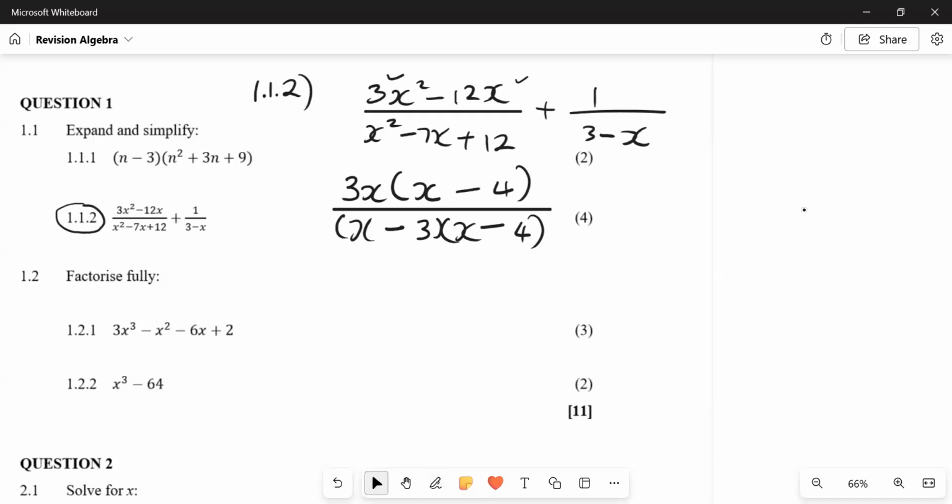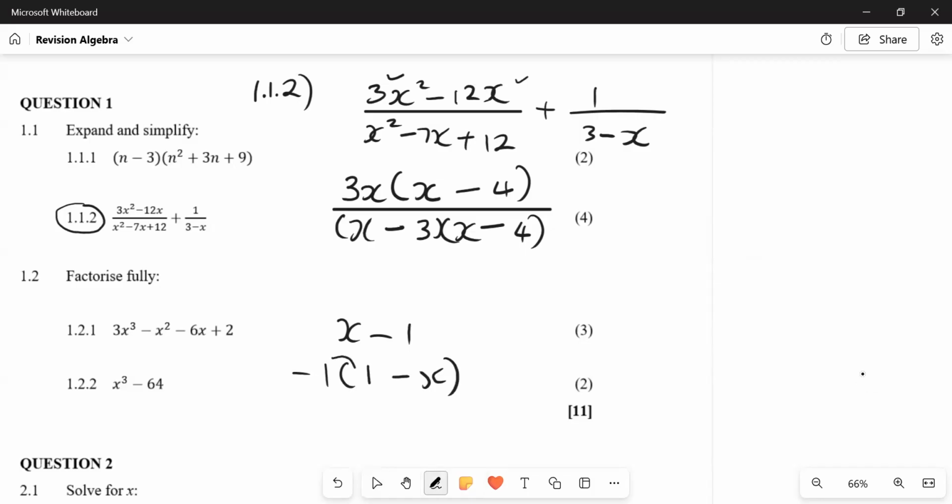And then for this part here, which is 1 over 3 minus x, we can take out the common factor of negative, right? So let's say, for an example, you have maybe x minus 1. When we take out the common factor of negative 1 there, you'll end up with 1 minus x.